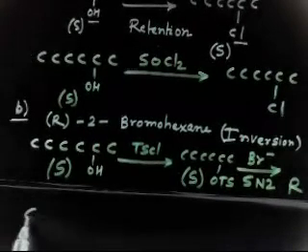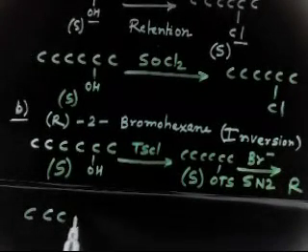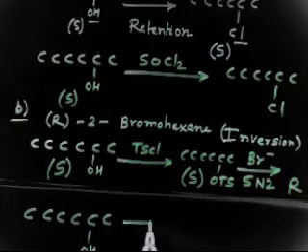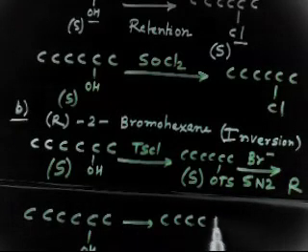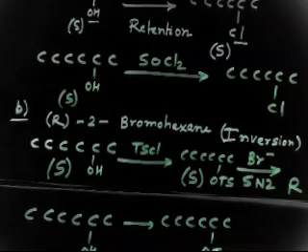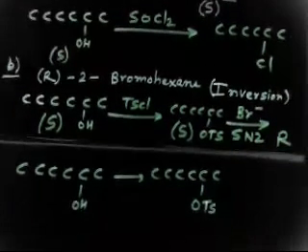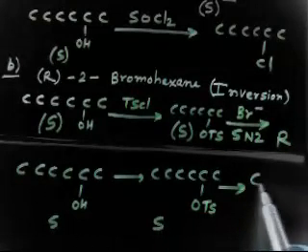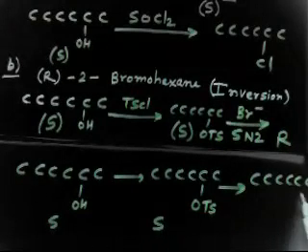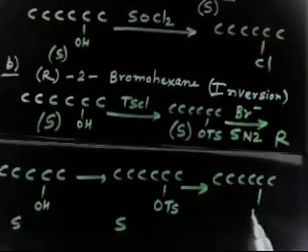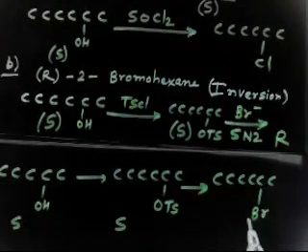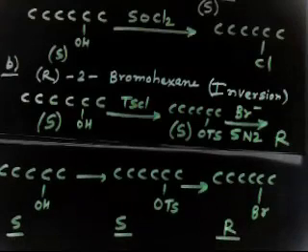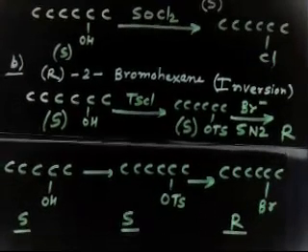You have 1, 2, 3, 4, 5, 6 with OH, and then OTs. So this is S, this will remain S. But now we will have Br here, and this will go with inversion of configuration, so this will become R. So you see how we can proceed with this reaction.